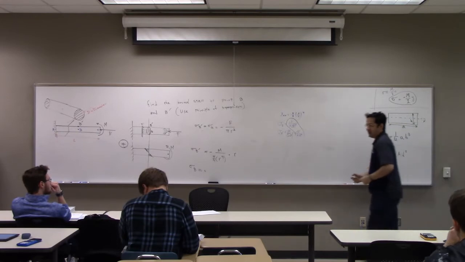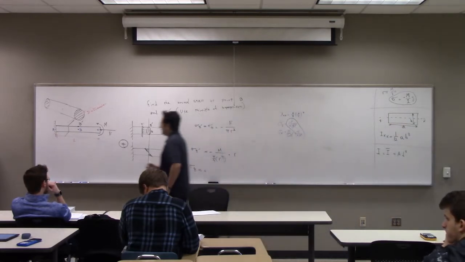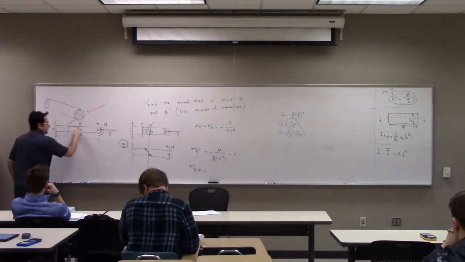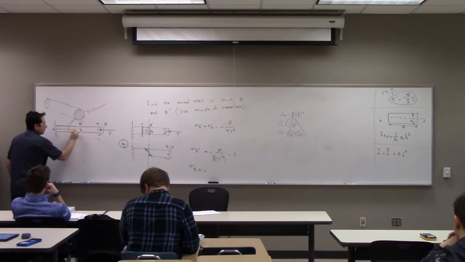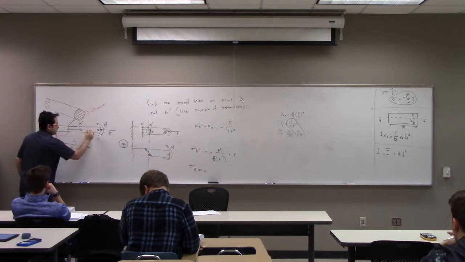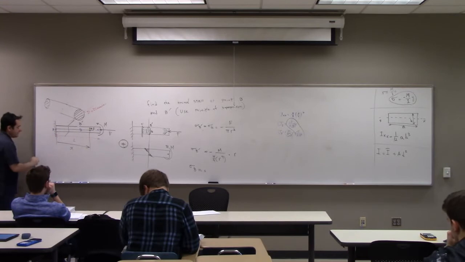Now the question is, assuming there is a point, let's say the point x, taken from the left, and located at a distance y from the centroid. Express your sigma as a function of x and y.